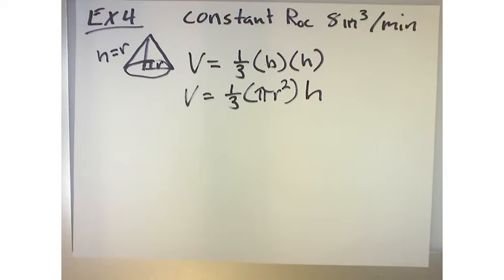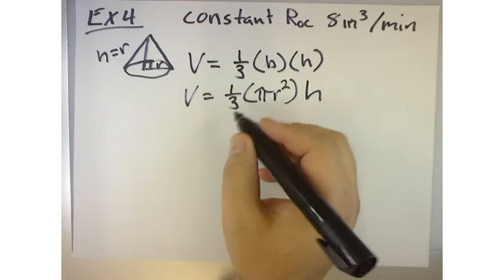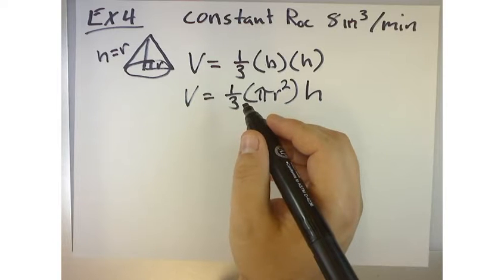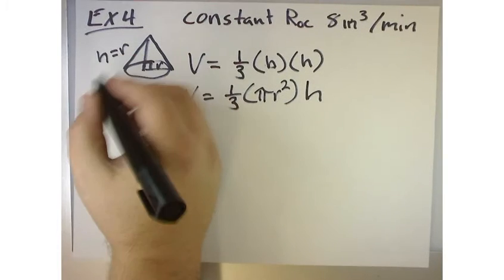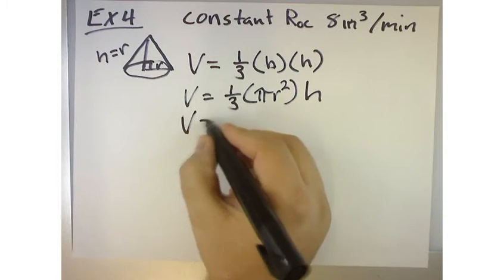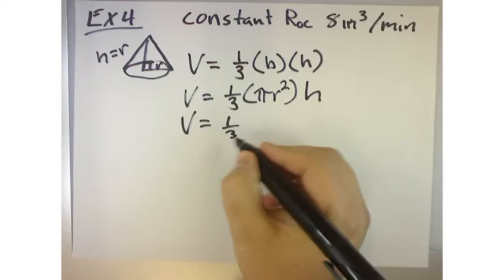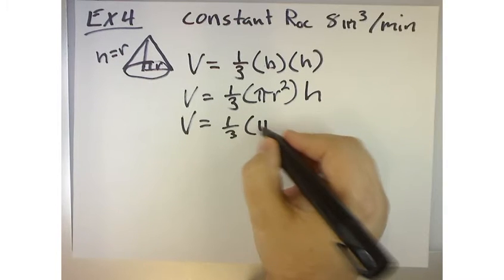It says if the cone is 1 foot tall now, how tall will it be in 1 hour? Well, let's figure out how much volume that is. So that would mean that my height would be equal to 12 inches, but that also means that my radius would be equal to 12, right?